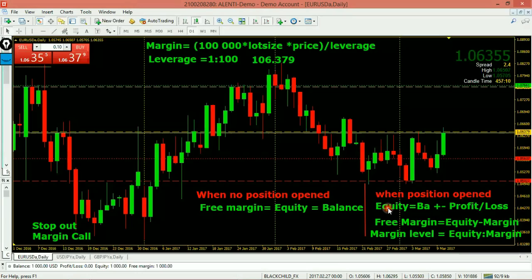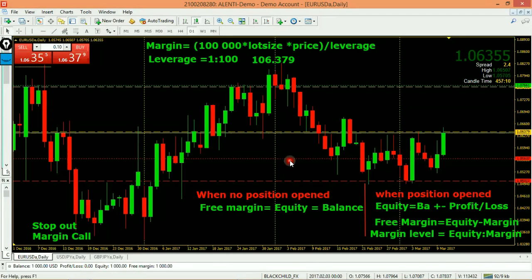You see, the free margin actually will fluctuate. Your free margin and your equity will always fluctuate depending on the positive or negative pips, whether your transaction is losing or gaining.